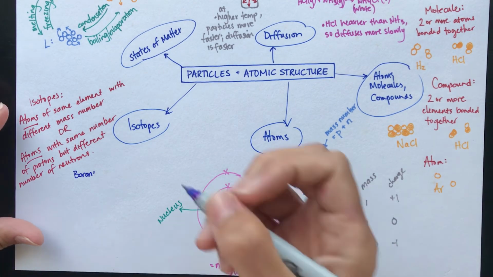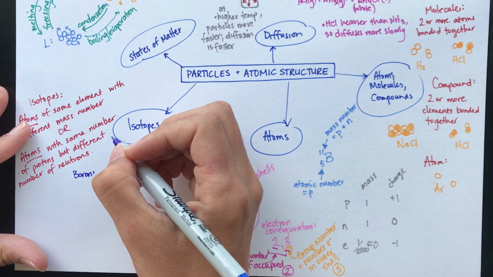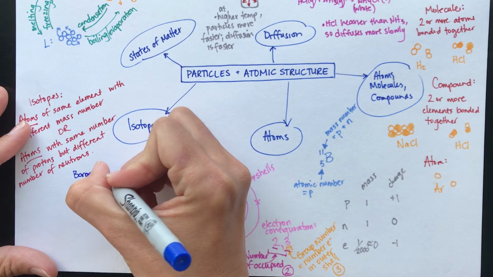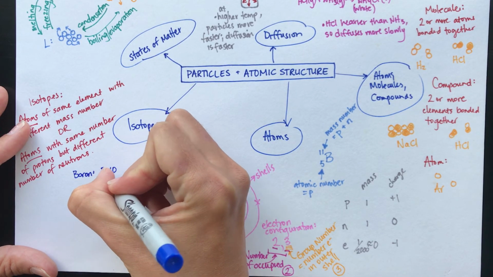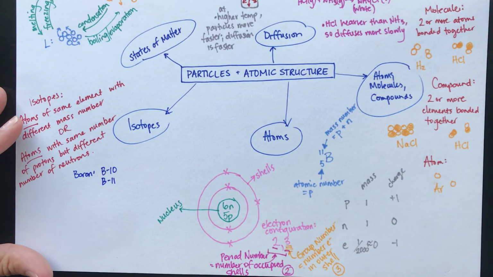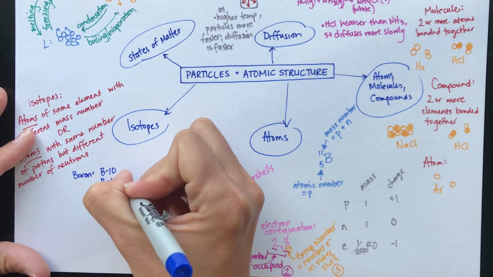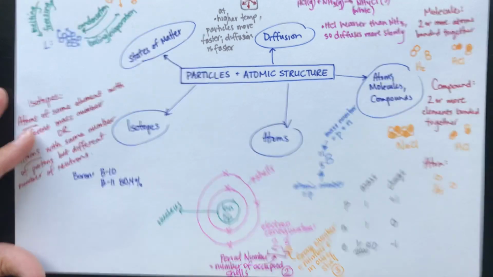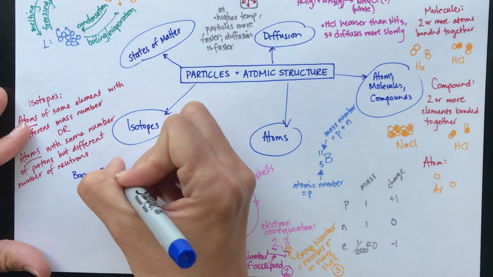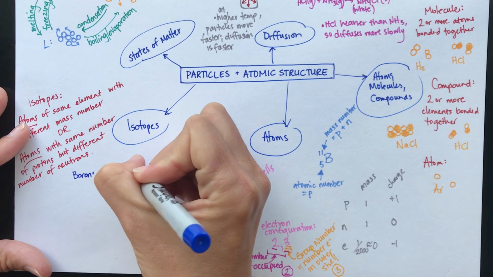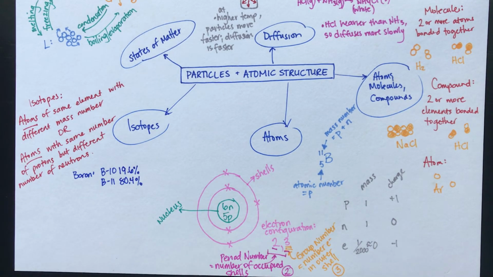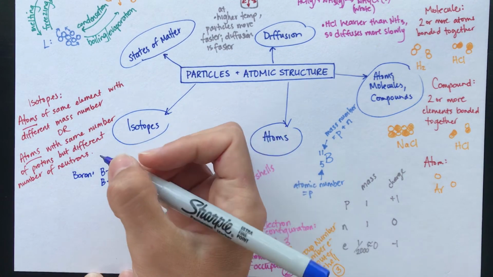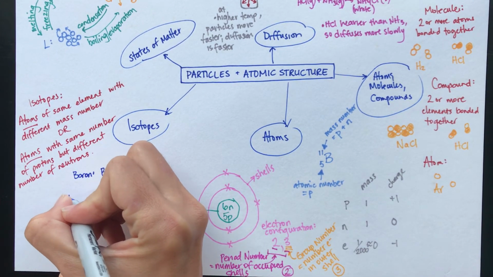And in nature, boron is mostly those two isotopes, boron 10 and boron 11. Most of it is boron 11, 80.4%. And the rest, 19.6%, is boron 10. So a question on the exam might give you these figures and then say, calculate its relative atomic mass.